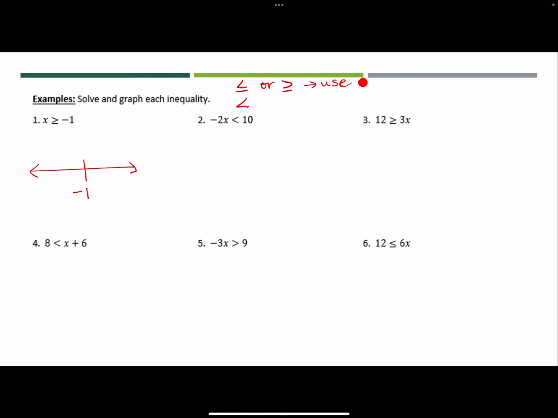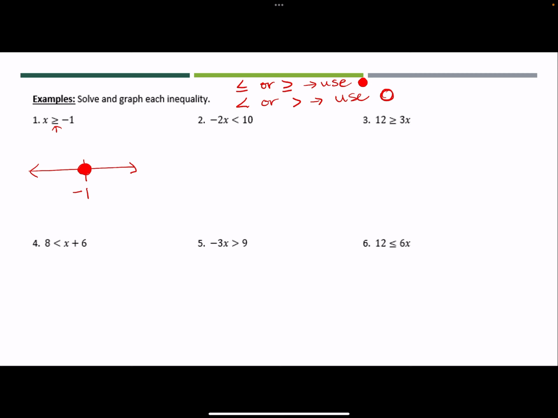And if you have a less than or a greater than symbol, you're going to use an open circle. So in this case, I have a greater than or equal to, so I want to include the number -1.